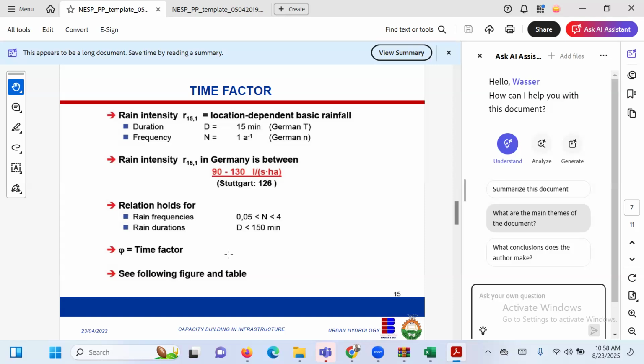That 4 years, if you're talking about the frequency, will be 1/4, and 1/4 is 0.25. So that 0.25 is the frequency. In other words, there's a likelihood of that flood happening 0.25 times in the year, or once in 4 years.